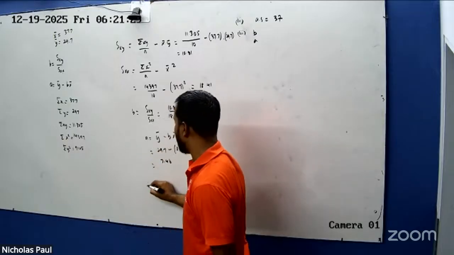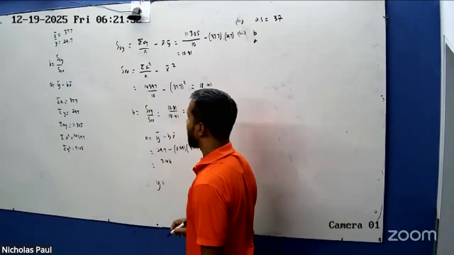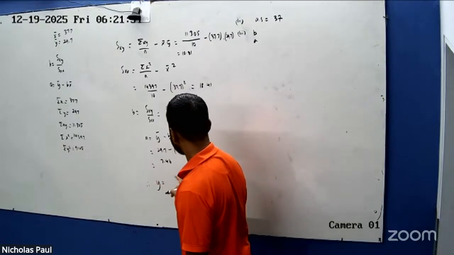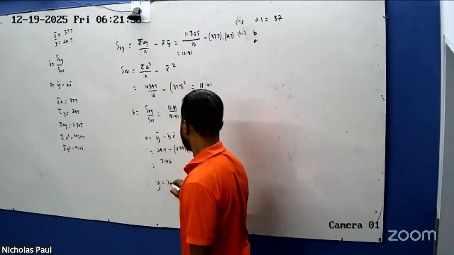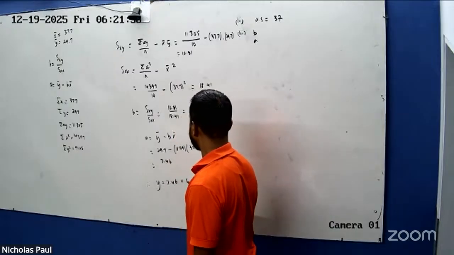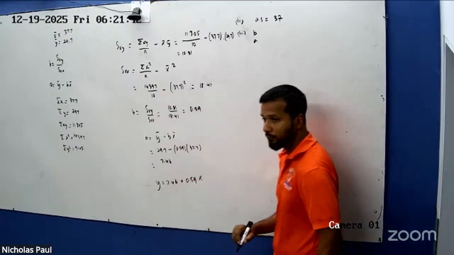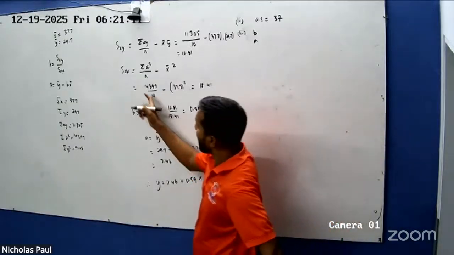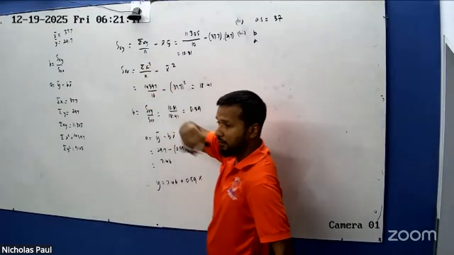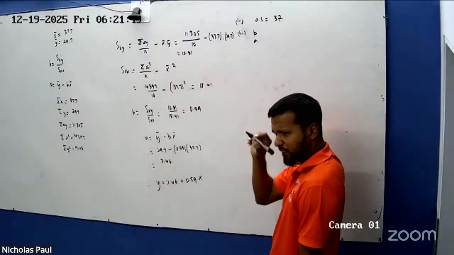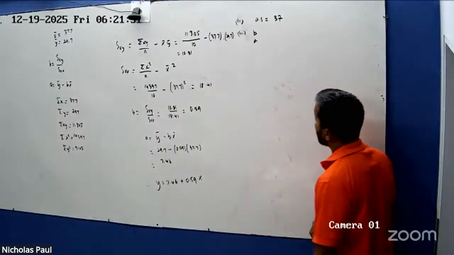So therefore, y is equal to 7.46 plus 0.59x. Right? Anyway, don't worry about that.